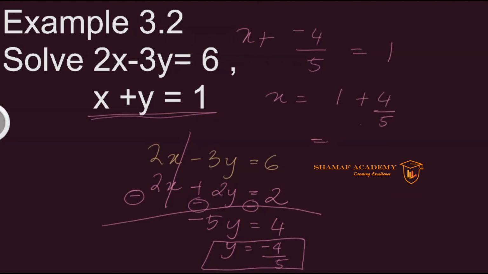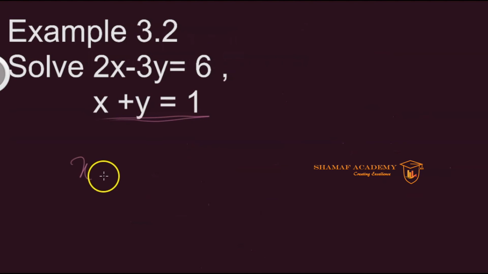Let's do our direct multiplication method. 5 plus 4 by 5, which is 9 by 5. So our x is 9 by 5 and our y is minus 4 by 5. That is all for this question.